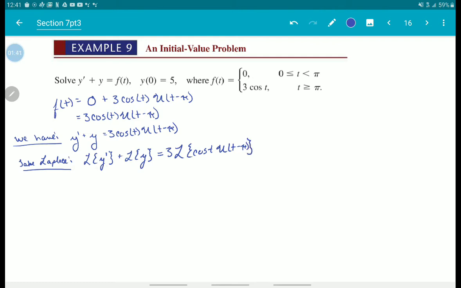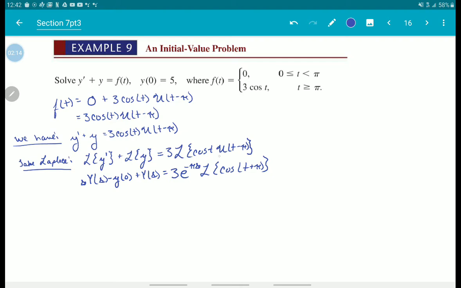So the Laplace of y prime is sY of s minus y of 0. The Laplace of y is Y of s. And then this guy is going to be 3 e to the negative pi s, since that's our a, times the Laplace of the cosine of t plus pi.